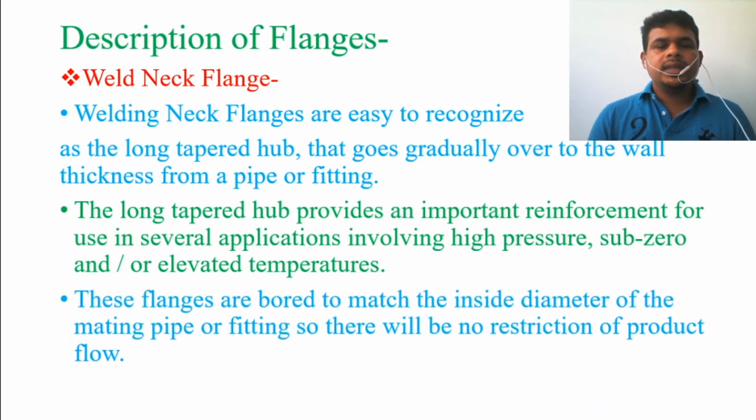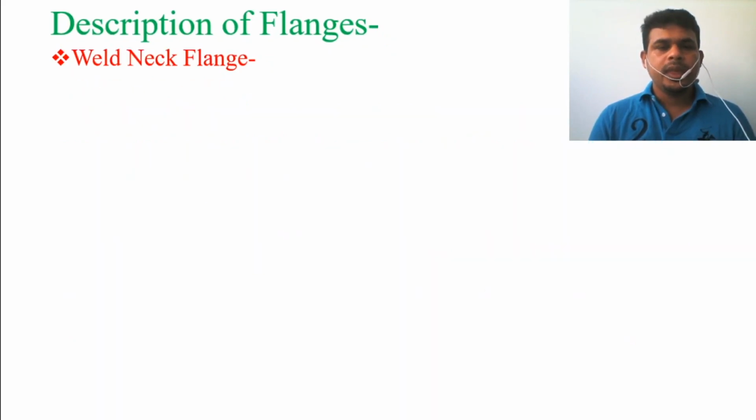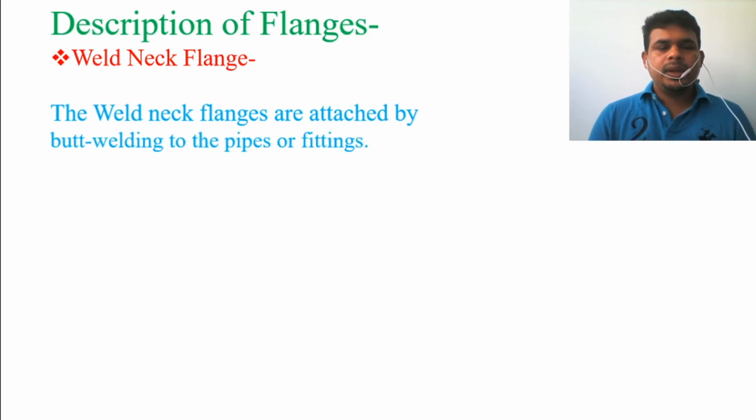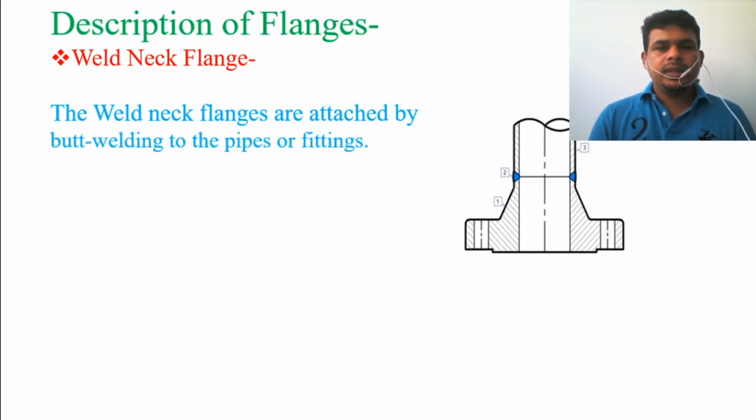These flanges are bored to match the inside diameter of the mating pipe or fittings, so there is no restriction of product flow. The weld neck flange is attached by butt welding to the pipe or fittings.